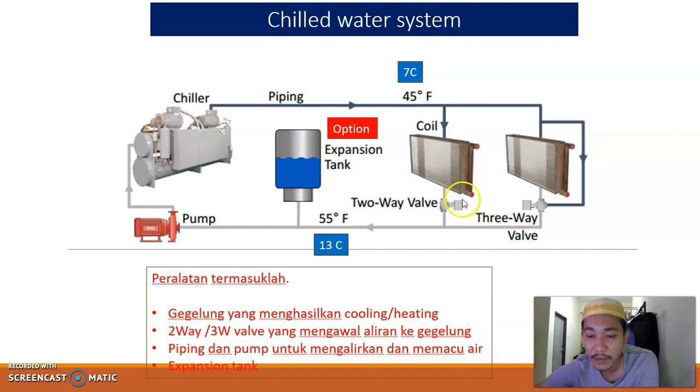For example, we want about 21 degrees Celsius. They tell the sensor in the air handling unit to make sure we supply about the correct temperature, not too low or too high. Then the chill water goes back to the chiller system.